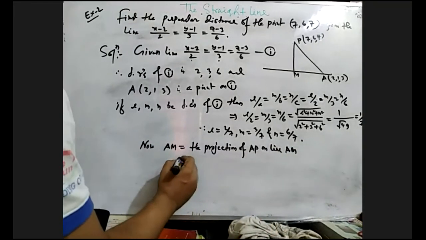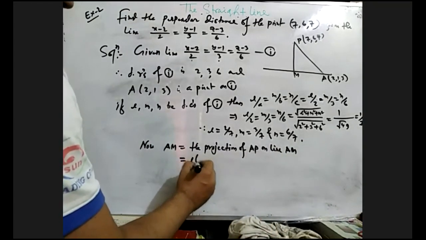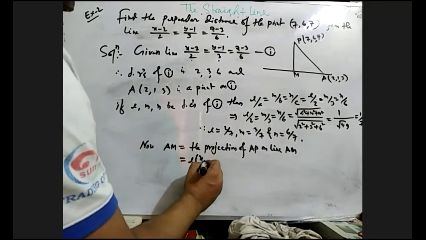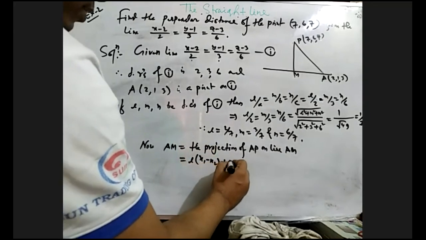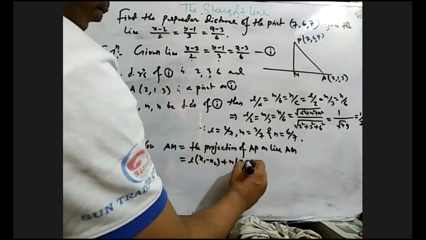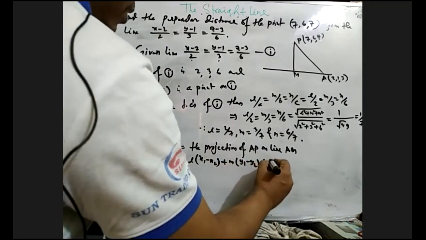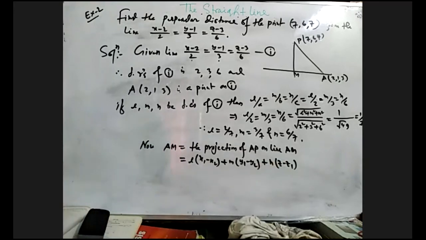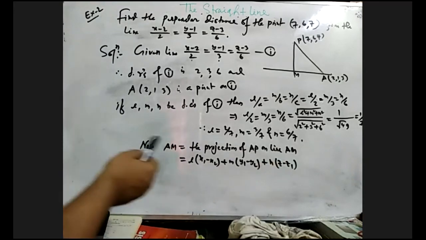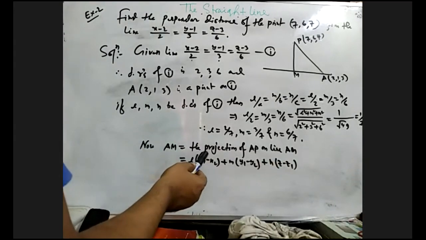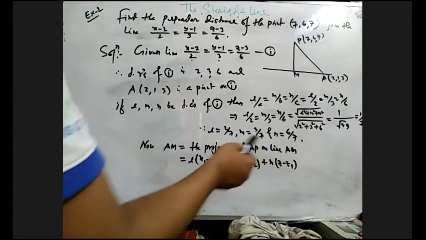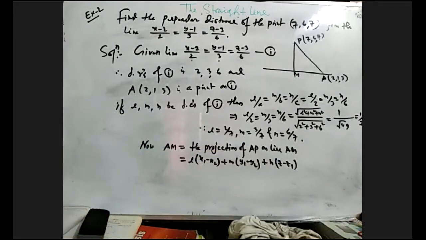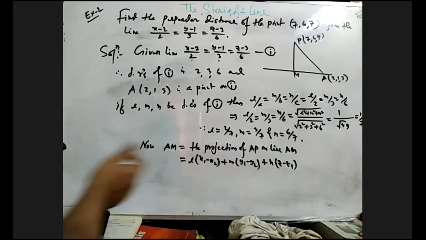So this means the projection is l into (x1 minus x2) plus m into (y1 minus y2) plus n into (z1 minus z2). This is the formula of projection of AP on the line. We have to use this formula.